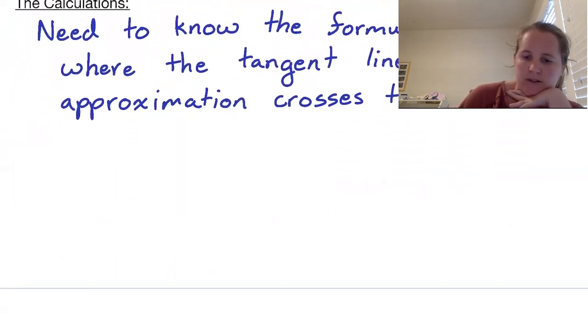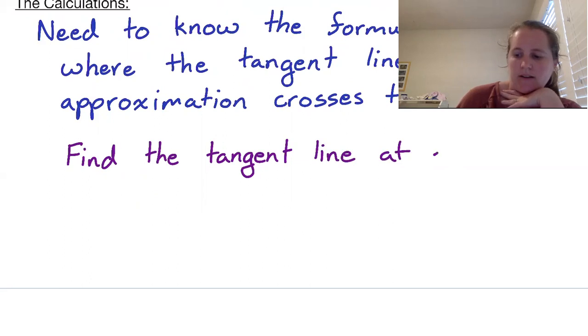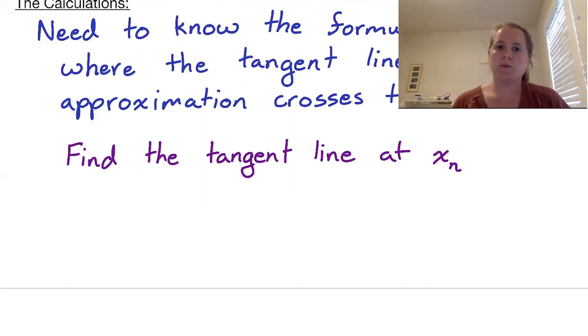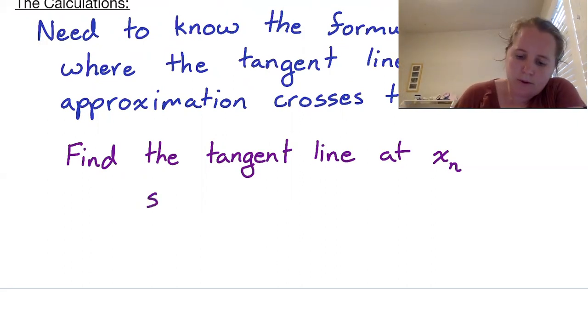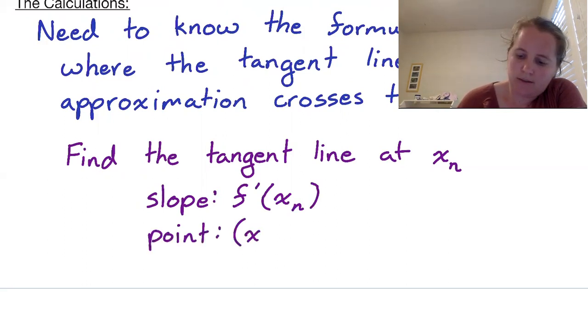First, let's find the tangent line at x sub n. Again, the slope is just the derivative of the function at x sub n, and the point is x sub n and whatever the function value is at x sub n.